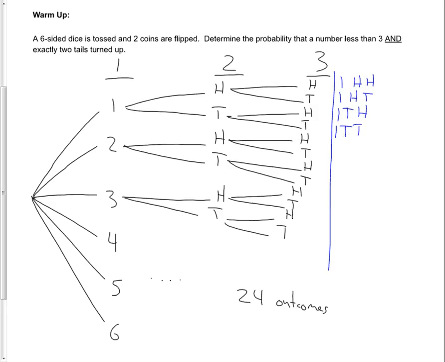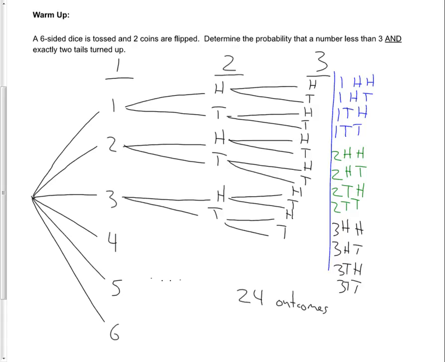Then I rolled a 2 and got a head and a head. I rolled a 2, got a head and a tail. 2, tail, head. 2, tail, tail. And then you could also do it for 3: head, head; 3, head, tail; 3, tail, head; 3, tail, tail.